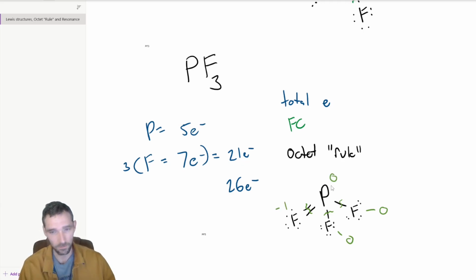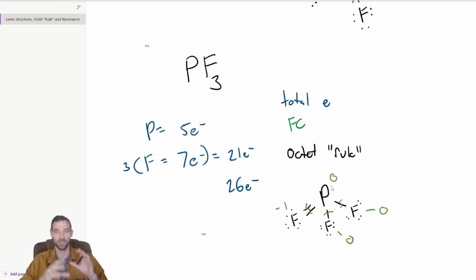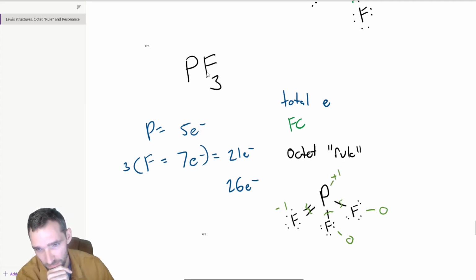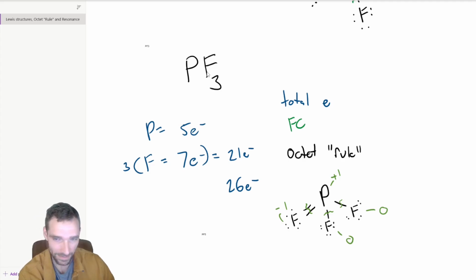In other words, there are too many electrons near that fluorine. Sorry, this would not be a 0, because the formal charges should add up to the overall charge, which is neutral. So this is actually a +1 formal charge, because it has 1, 2, 3, 4 electrons and normally has access to 5, so it's not quite canceling out.